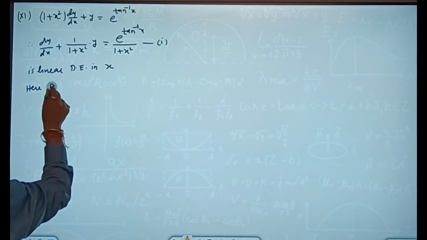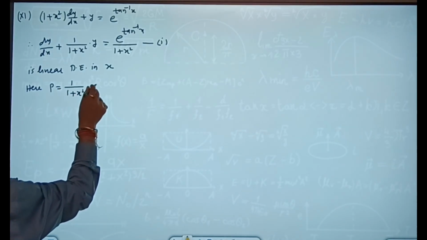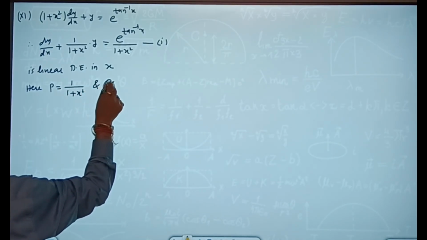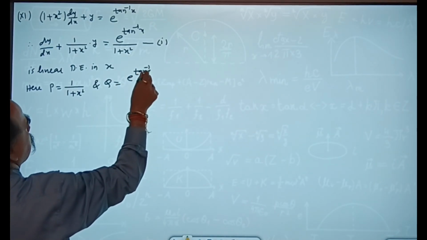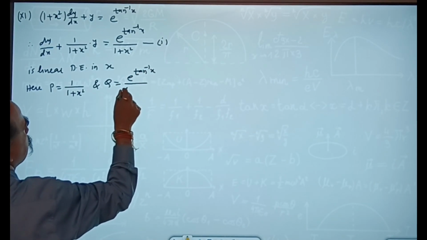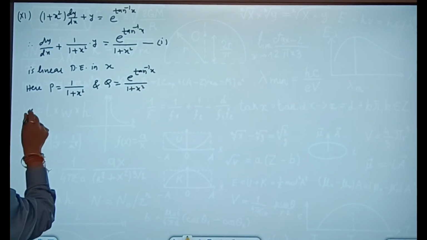Here p is what? 1 upon 1 plus x square, and q is what? e raised to tan inverse x upon 1 plus x square.